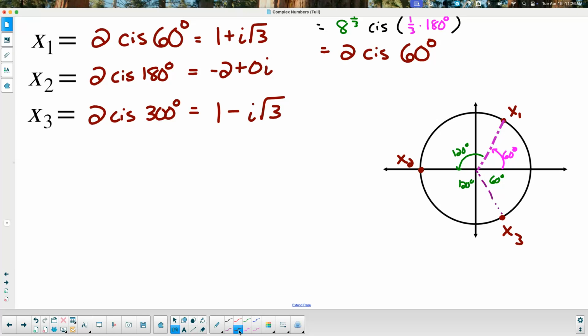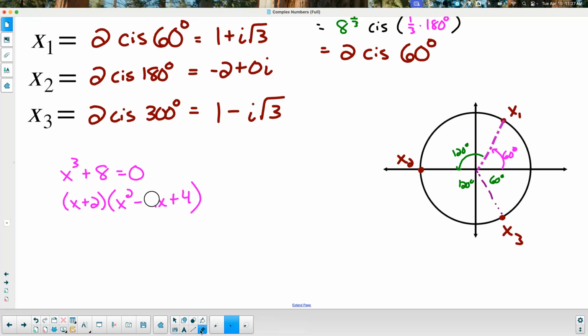Now, if I go back to this, so there's my original problem, yes? That is actually factorable. It's a cube plus a cube, so this would be x plus 2 times x squared minus 4x plus 4. No, correction, minus 2x, not 4x, minus 2x plus 4.